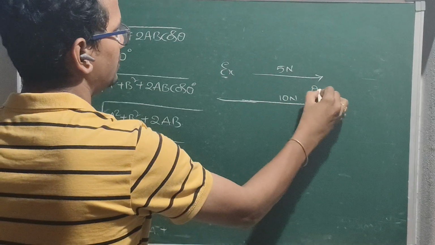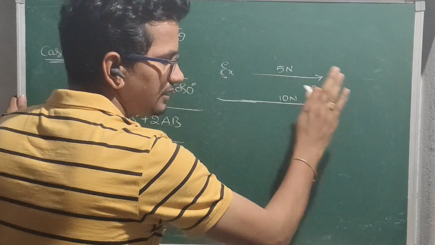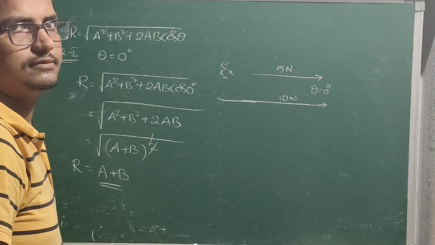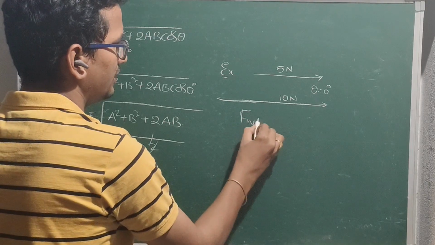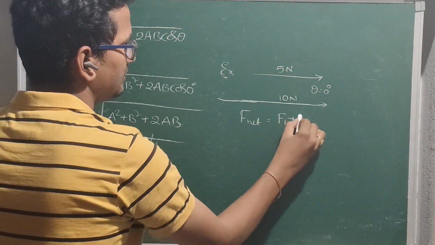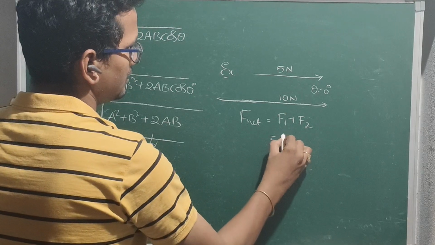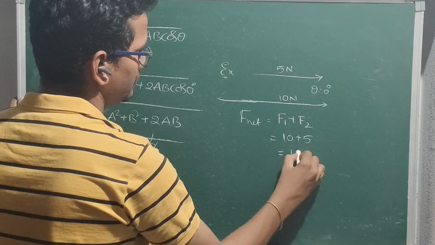Parallel means theta value how much? 0 degrees. The forces act on one side of the block, so we add these two forces. The net force F is F1 plus F2, that is 10 plus 5, which means 15 newtons will act.